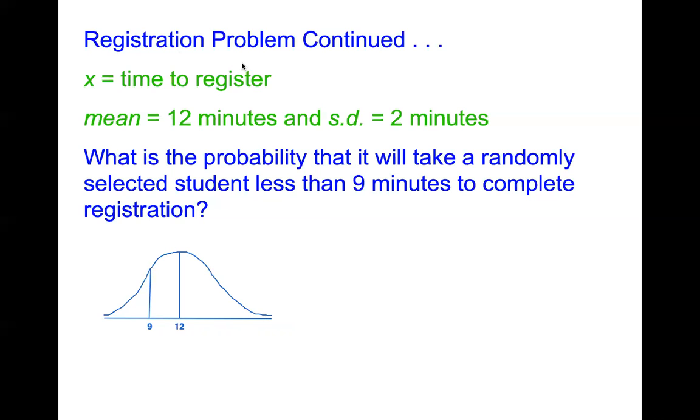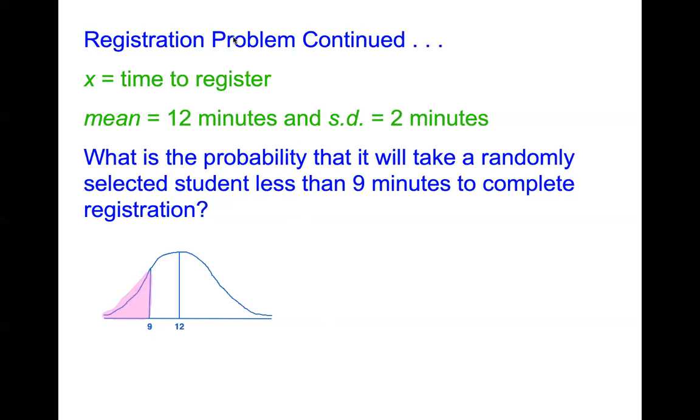Okay, I see what you're saying. I would be careful. I wouldn't go 8, because you leave out a bunch of answers. If you have 8.5 minutes, that would technically still be less than 9, right? So this is a continuous variable. You actually want to go all the way up to 9 minutes, because it could be 8 minutes and 59 seconds.